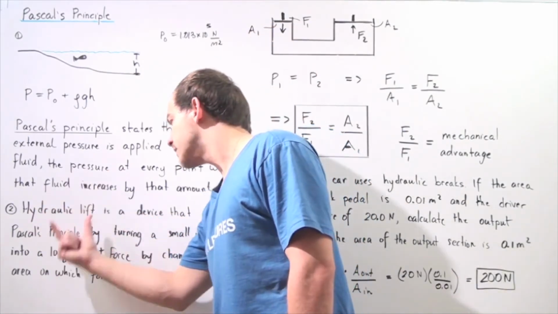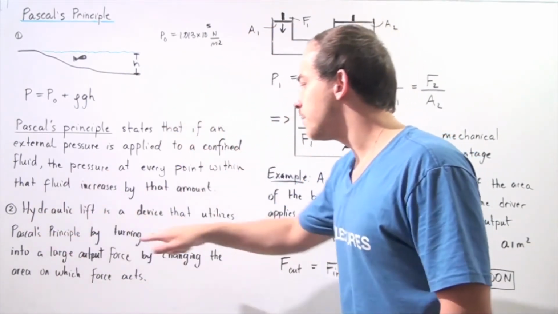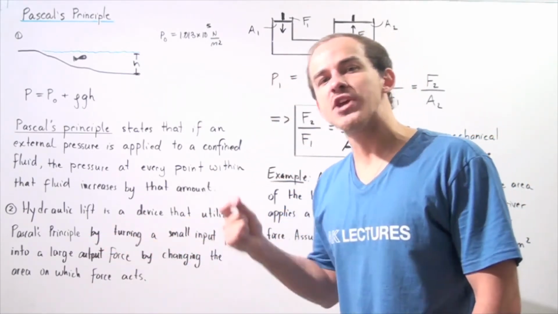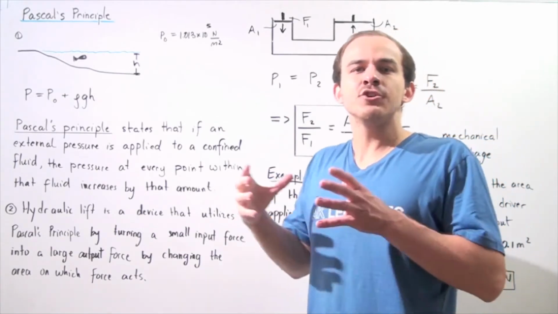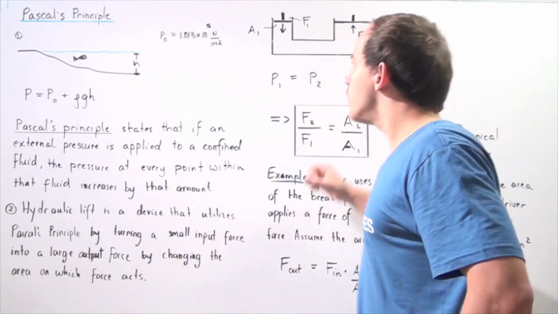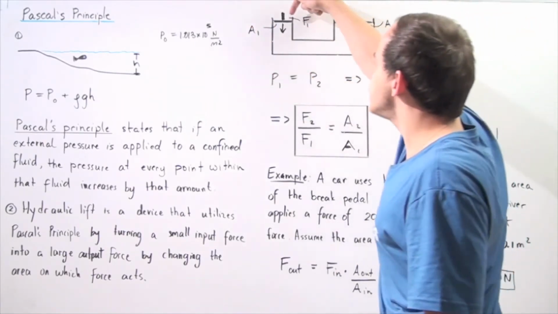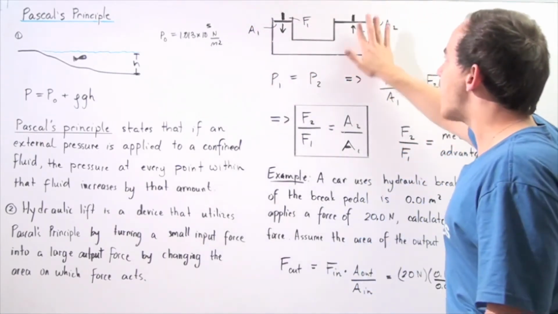So the hydraulic lift utilizes Pascal's principle by turning a small input force into a large output force by increasing the area. So this is one example of a hydraulic lift. This is our input, this is our output.